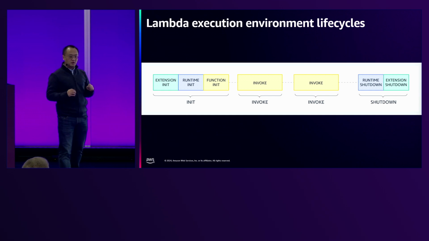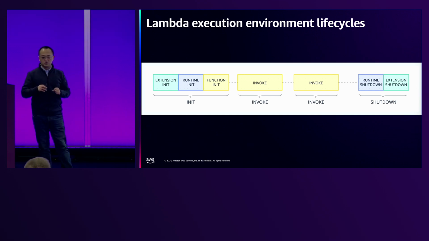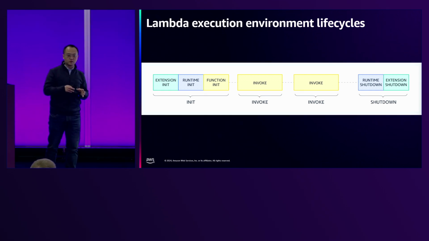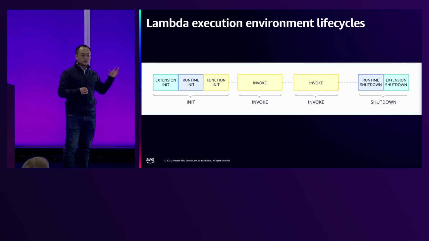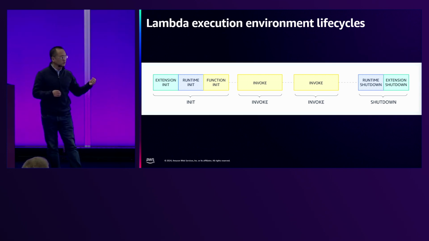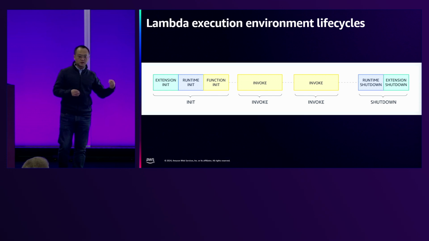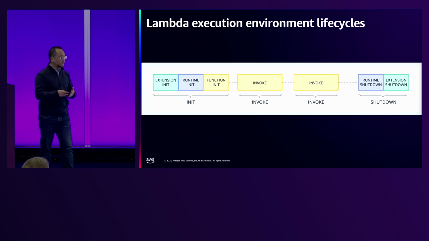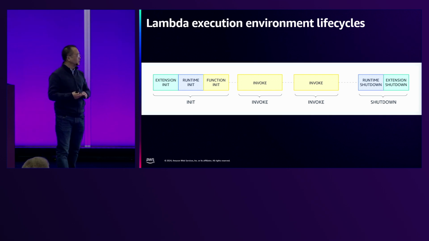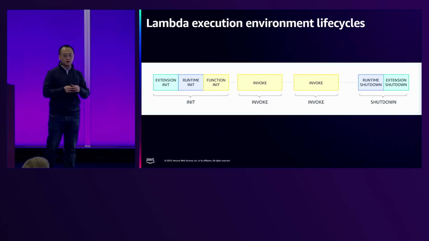At first, Lambda will start all the extensions that attach to your function. It automatically starts them. Then once the extension finishes registration, it will start the runtime process. Then when the runtime finishes, it will load your function's init code. Once this init phase is done, this environment, or micro VM, is ready to process multiple requests.